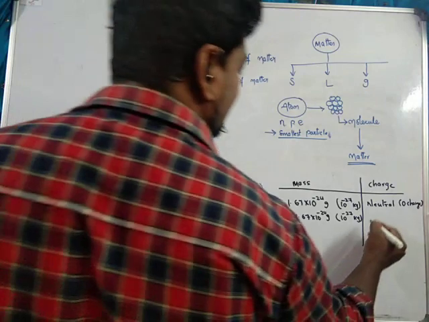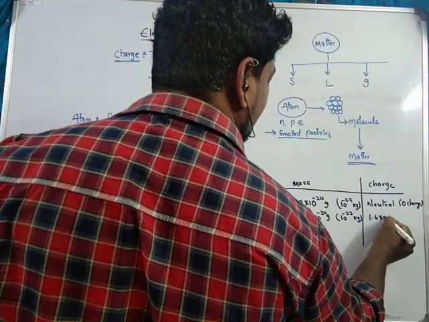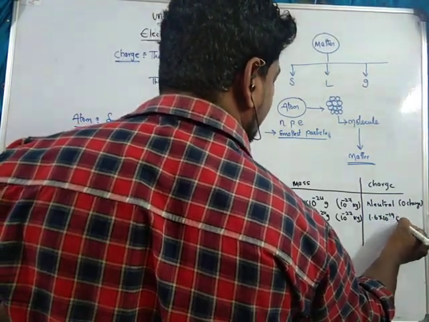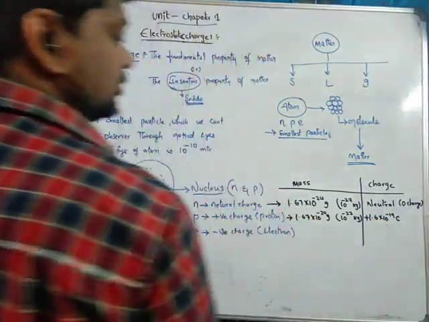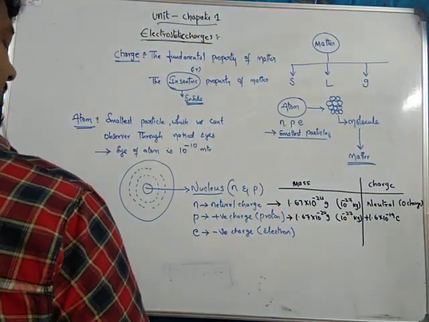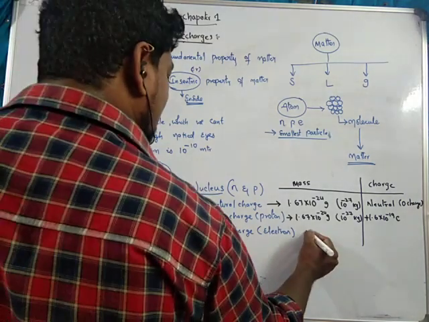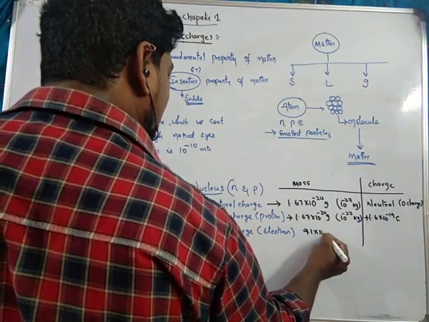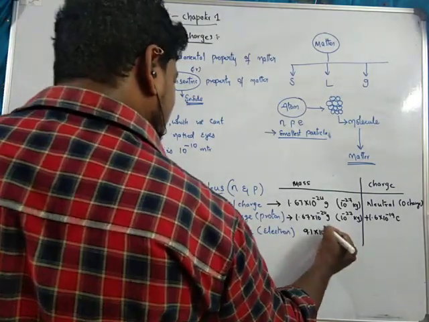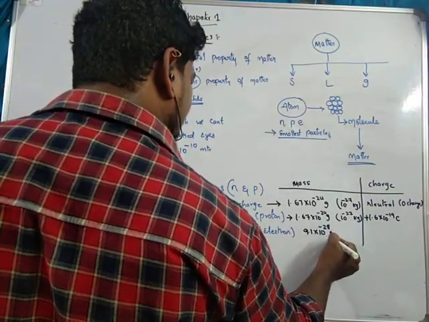And the charge will be 1.6 into 10 to the power of minus 19 coulombs. It's always positive. Whenever we consider the electron, the mass of an electron will be 9.1 into 10 to the power of minus 28 grams.